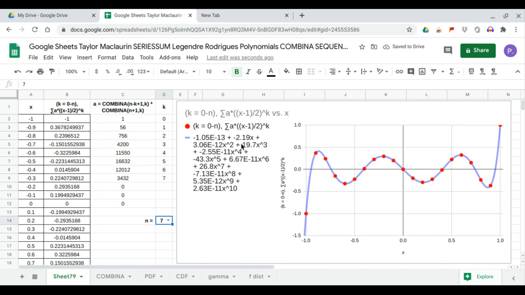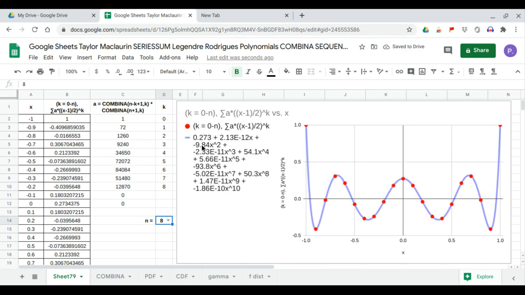Our value for y equals negative 2.19x plus 19.7x cubed minus 43.3x to the fifth plus 26.8 times x to the seventh, and all these are 0. And our n equals 8. Y is equal to 0.273 minus 9.84x squared plus 54.1x to the fourth minus 93.8x to the sixth plus 50.3x to the eighth, and all these are 0.